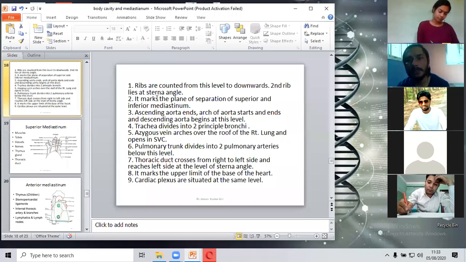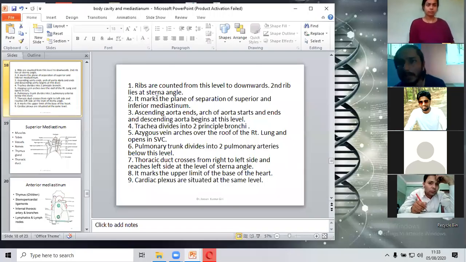Now next point, this fifth point I will make short for you. Here it is written that it arcs over the root of the right lung. Root of lungs you have got, no? Initially. That is the root of the lung. See, the azygous vein is going to arc above the root of the right lung, and it is going to open into the superior vena cava.